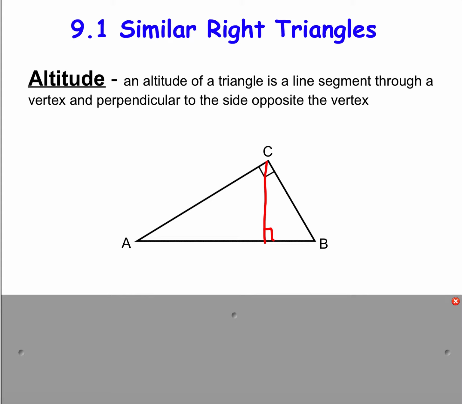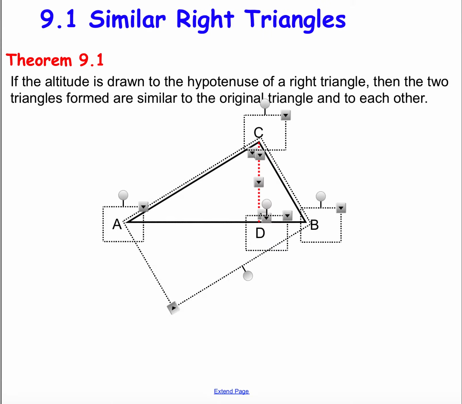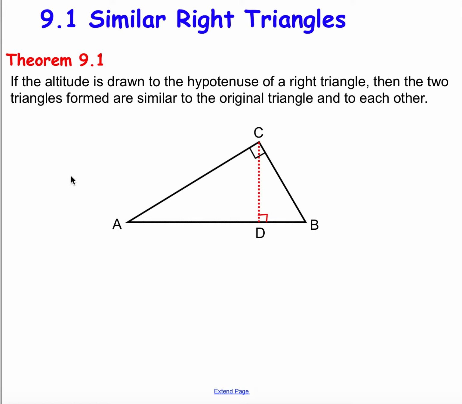Why are we learning about an altitude? Well, because the altitude actually helps us a ton. There are lots of things we can know about this triangle. For example, Theorem 9.1 says this: if the altitude is drawn to the hypotenuse of a right triangle.